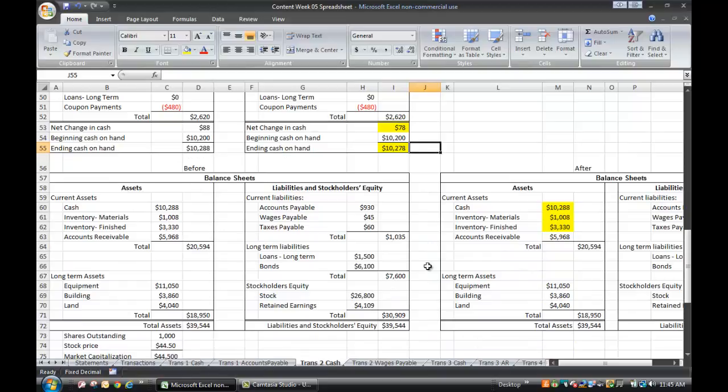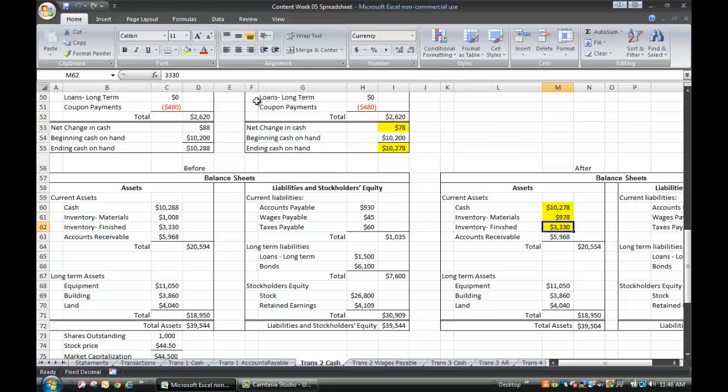That then affects the balance sheets. The cash on hand is going to go to $10,278, this value here. Inventory materials went down, we said, by the, put an equal sign in front of that and subtract out the $30 of materials.